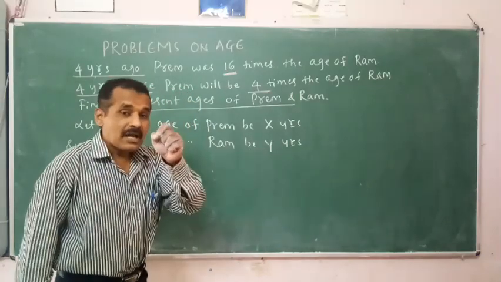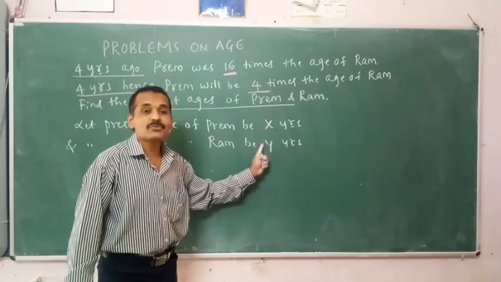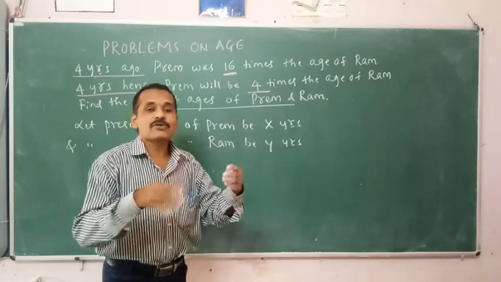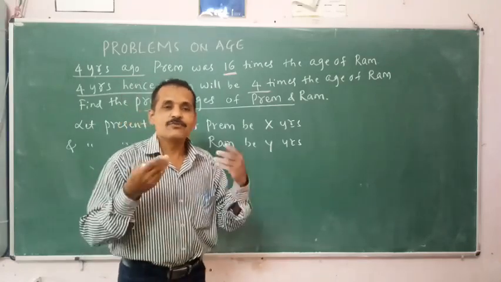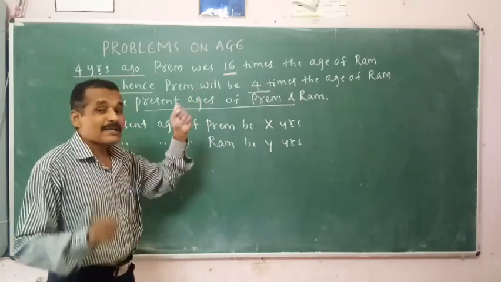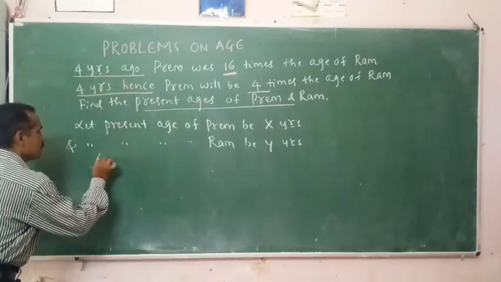My dear children, now I don't have any relation of these two because the present relation is not given. See, in the earlier case I wrote x is equals to 4y, x is equals to 5y. Like that I can't write because they have not given any present relation. So immediately I will go 4 years ago.